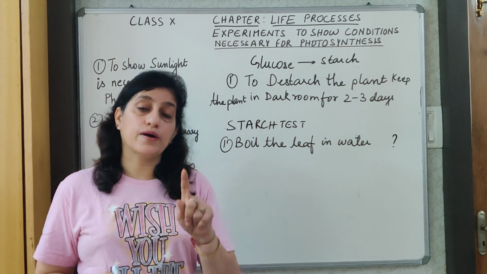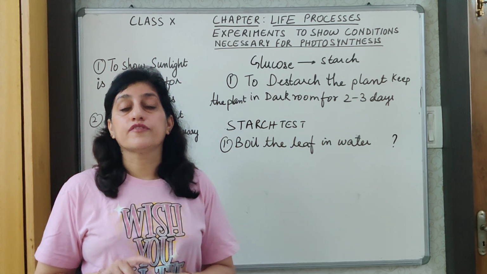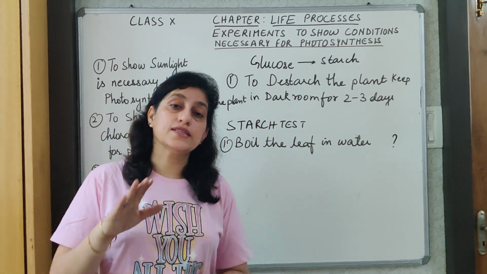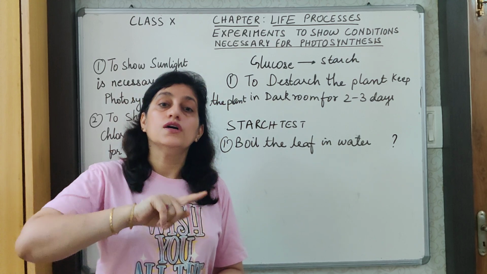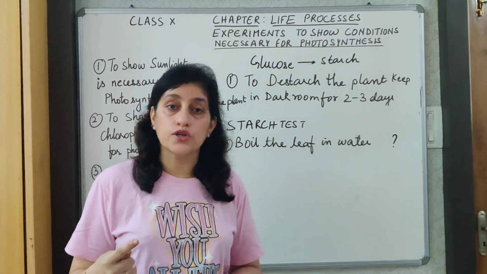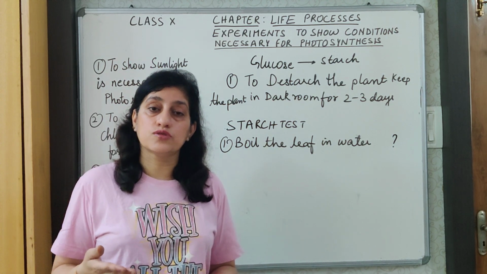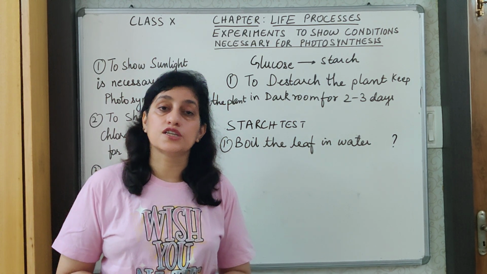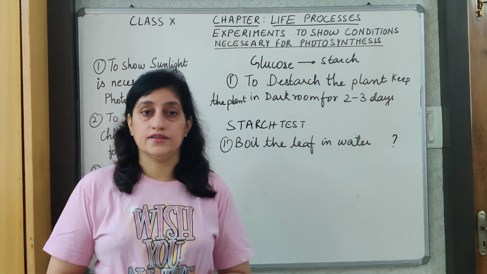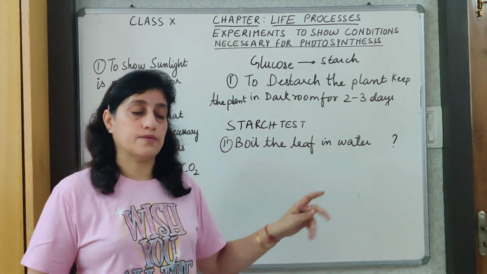And secondly, by boiling the leaf in water, the cells are killed. As a result, now the translocation of food will not take place. Otherwise, if my food has moved from one place to the other, my experiment results will not be justified. So this is the first step.